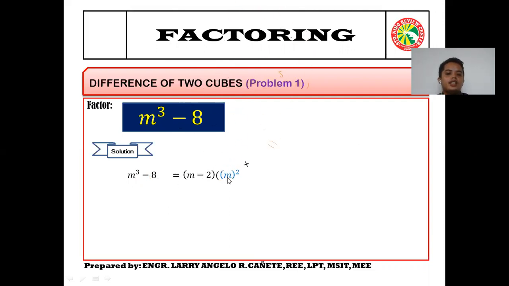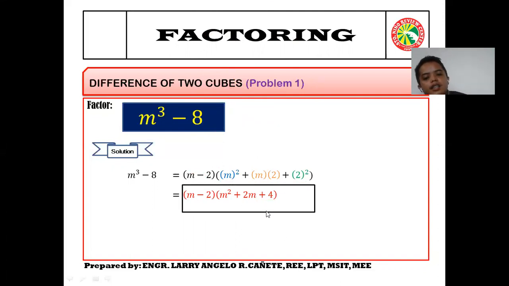And then square the first term, always positive, plus the product of the two, or multiply the first and second term, and then square the last term. So simplifying further, m minus 2 times m squared plus 2m plus 4. M times 2 is 2m, and 2 squared is 4. So therefore, this is the final answer.